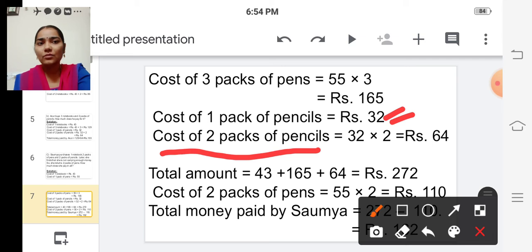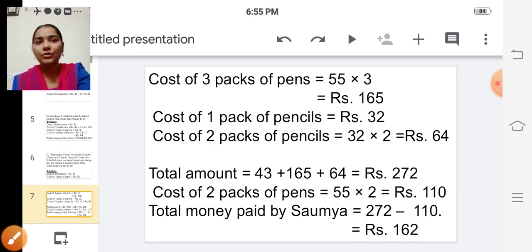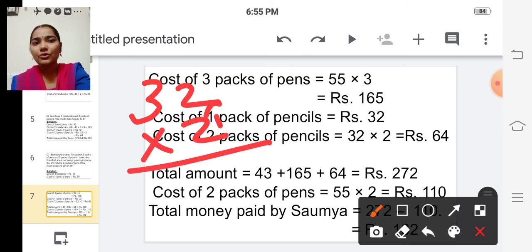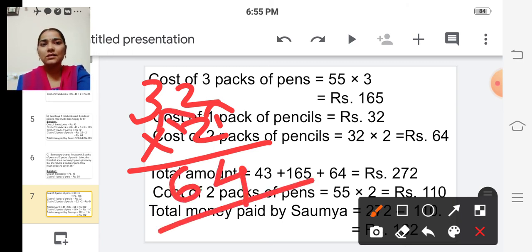For that we have to multiply this 32 into 2. 2 2s are 4 and 3 twos are 6. So cost of 2 packs of pencils is rupees 64.